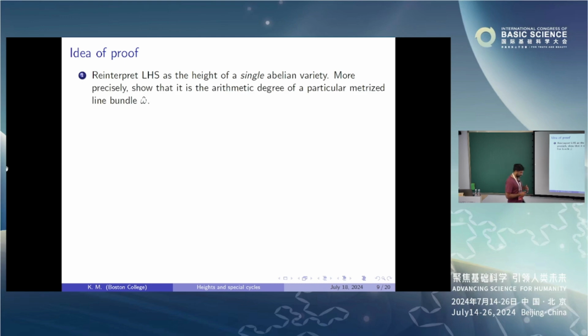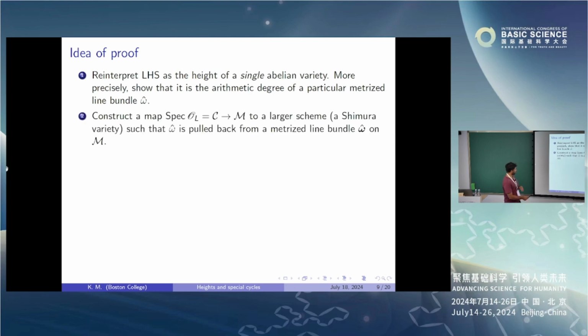More precisely, the left-hand side is actually, even though it seems like it's a sum of things, a sum of periods or sum of heights, in fact the height of a single metrized line bundle. And this is essentially a combination of an observation of Tonghai Yang, so I'll tell you a bit about this.